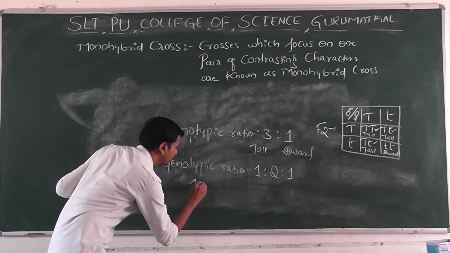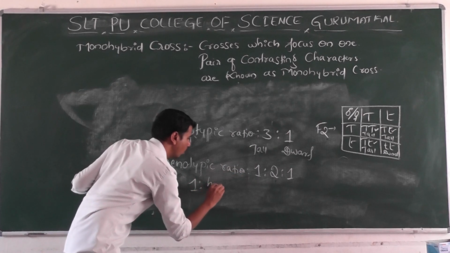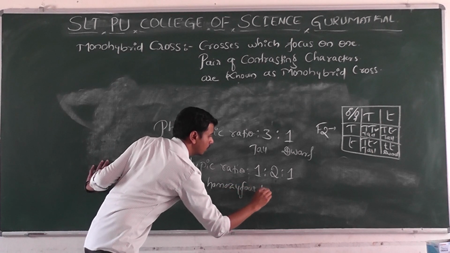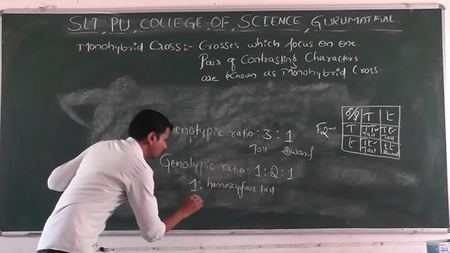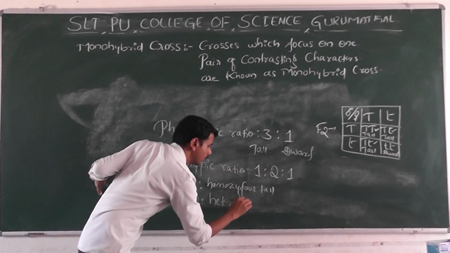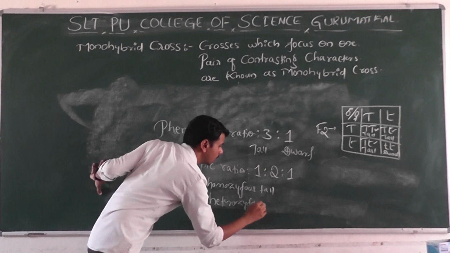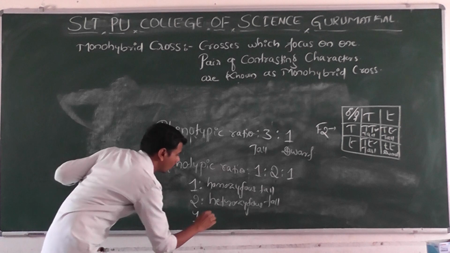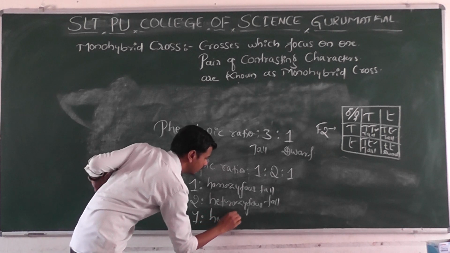So 1 will be the homozygous tall, 2 heterozygous tall, and the 1 will be the homozygous dwarf.